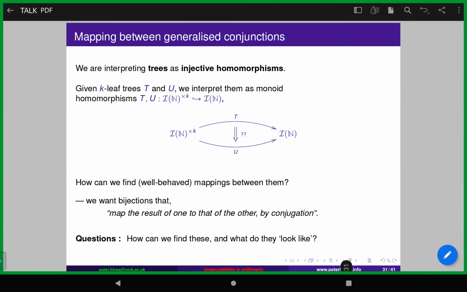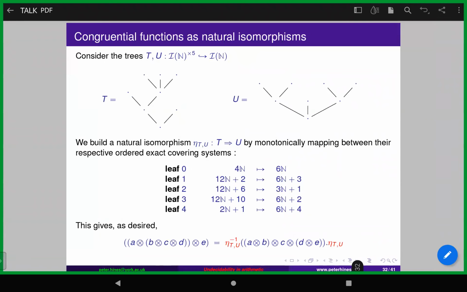What we're interested in is not just the homomorphisms. We want to know how to map between them, how to map the result of one to the result of another by conjugation. So to find these, again, we'll do this by example. We take 2 trees with the same number of leaves, and we write down as a list, each leaf determines a modulo class.